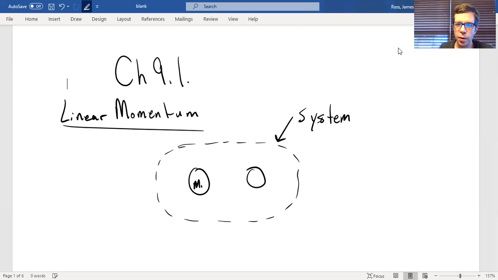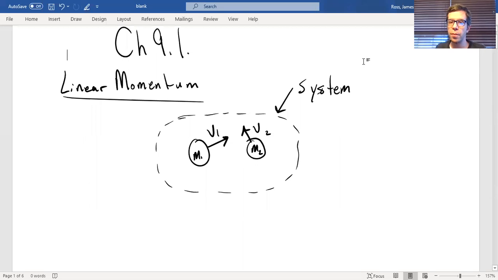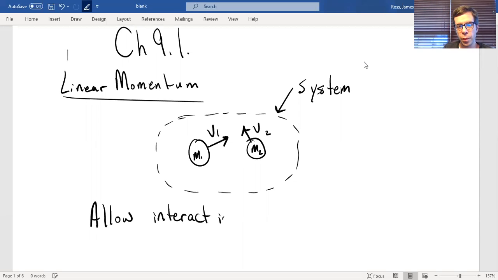So now we're going to consider what if these two particles or objects have velocities, and what if they interact with each other, but nothing outside the system? So we will allow interactions within the system, but not across the boundary.